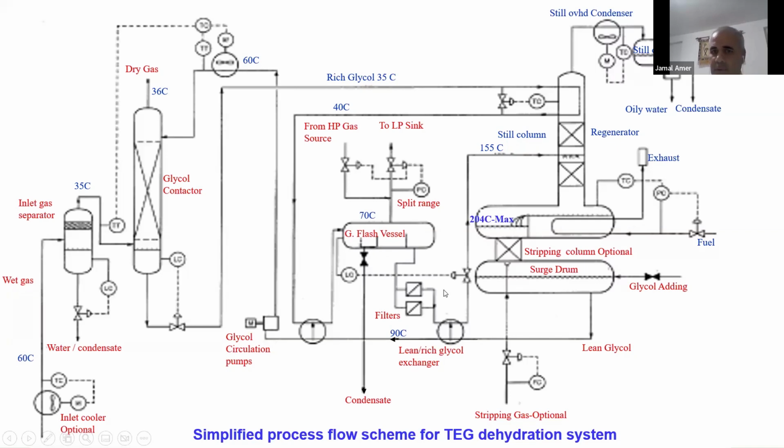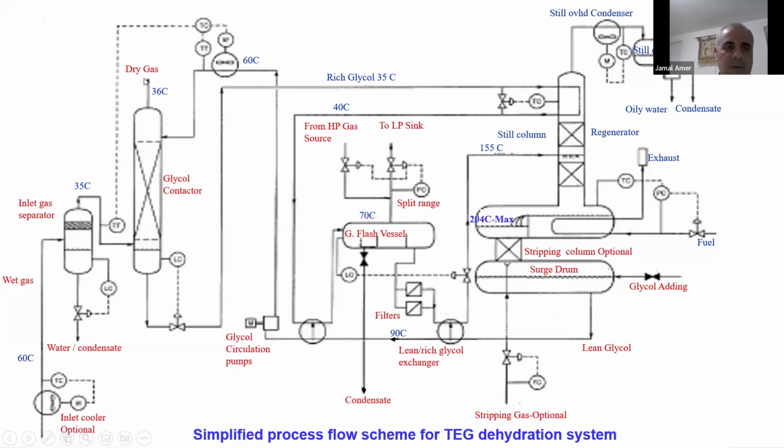One of the important things also here in the contactor, this point here, when the gas is leaving, the gas is not shown here. The dry gas is leaving the contactor and should go through a heat exchanger, to get some heat from the glycol. This is not shown in this sketch.